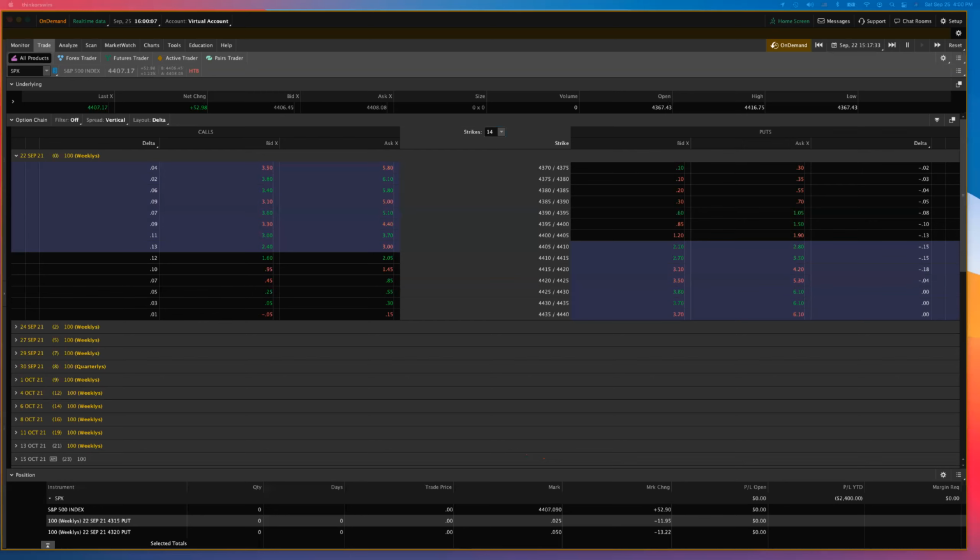Because of course the premiums are going to be more the further out you go. So the further out you go, the better the premium that you get. But those premiums also decay much, much slower. They also introduce risk because you have no idea where the market is going to be that far out. And I think you're talking about 7 DTE, 10 DTE.